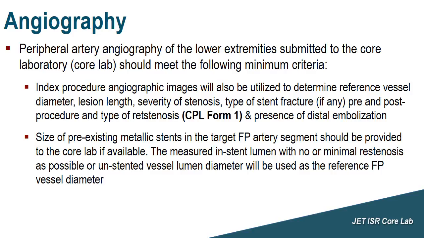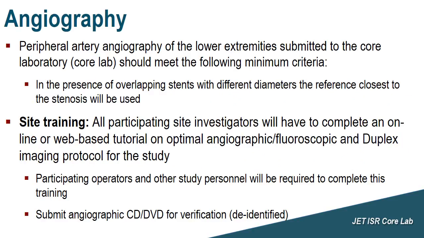Size of pre-existing metallic stents in the target femoropopliteal artery should be provided to the core lab if available, because this information will be very useful for us to determine analysis and also the dimensions of the reference vessels. In the presence of overlapping stents with different stent diameters, we will use the reference closest to the stenosis.